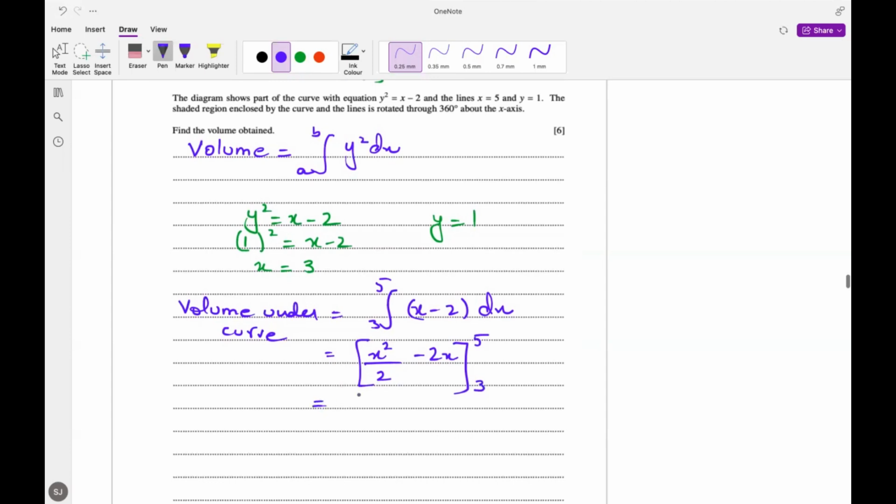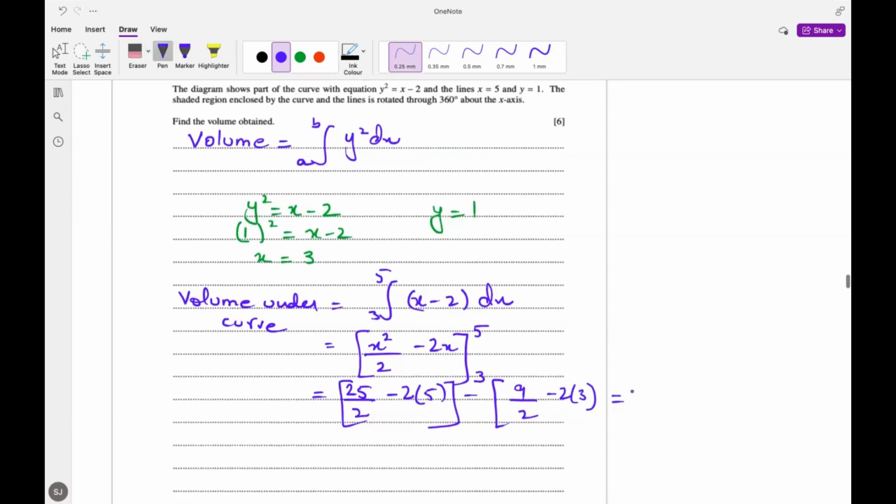So substituting 5, you will get 25 upon 2 minus 2 into 5, minus substituting 3, we'll get 9 upon 2 minus 2 into 3.